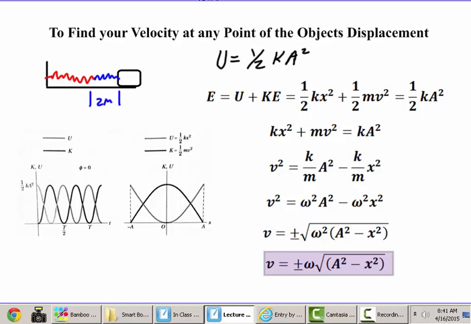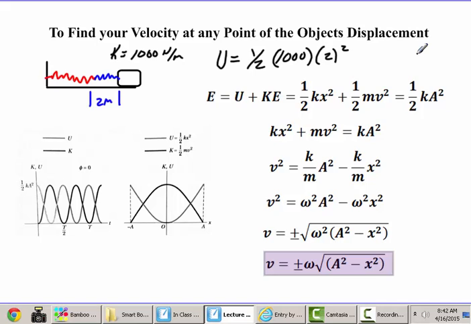In this case, I would put in my k value, and let's say k is 1,000 newtons per meter. So my total energy would be 1,000 times 2 squared. That's the total energy that spring's going to have anywhere, whether I'm pulled back here at the end and let it go, or it goes through the equilibrium. That's the total energy that spring can have.